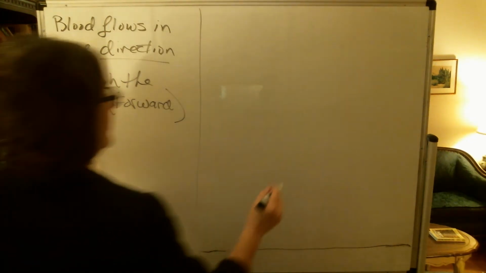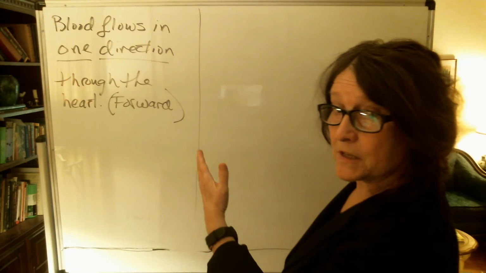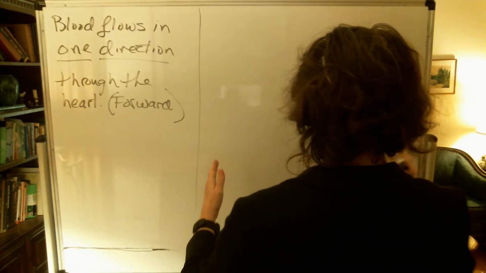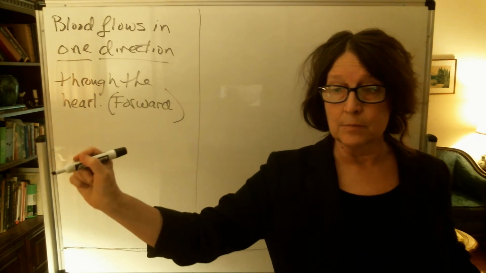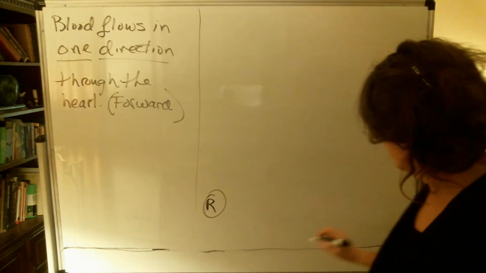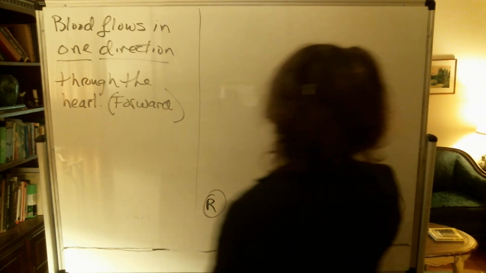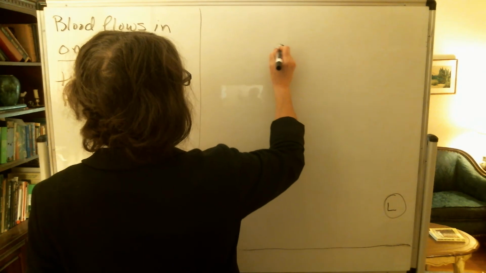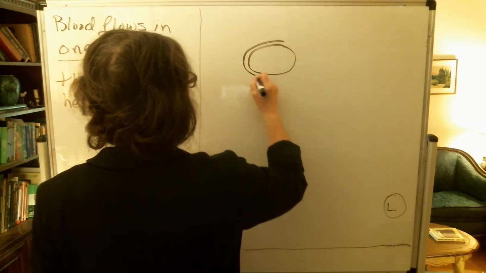Now, the way to think of this is, remember, you are looking at this person. So therefore, you're looking at me. This is my right. So this is the right side of the heart, and this is the left side of the heart. And I draw hearts like this.